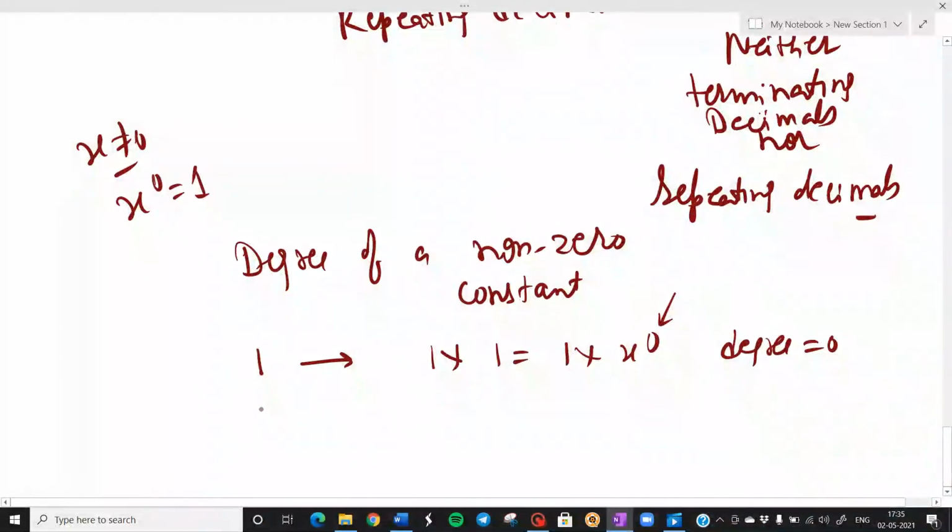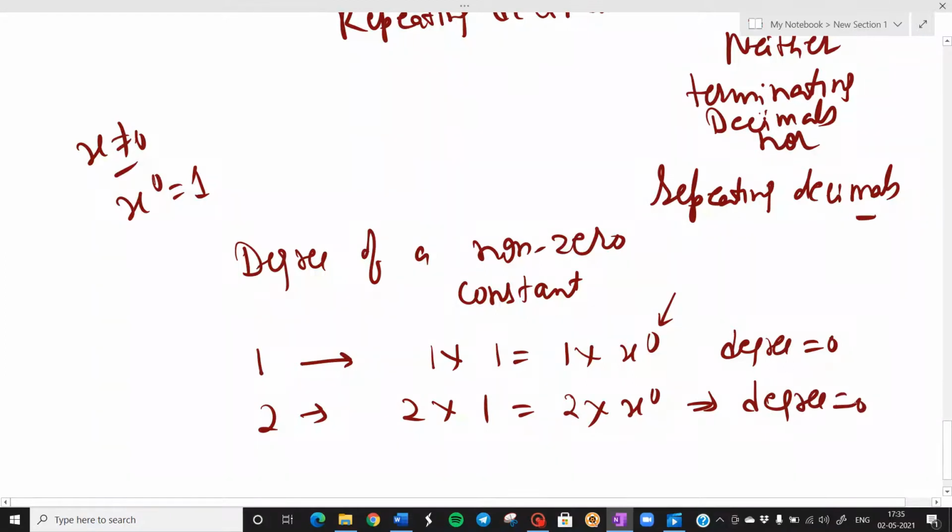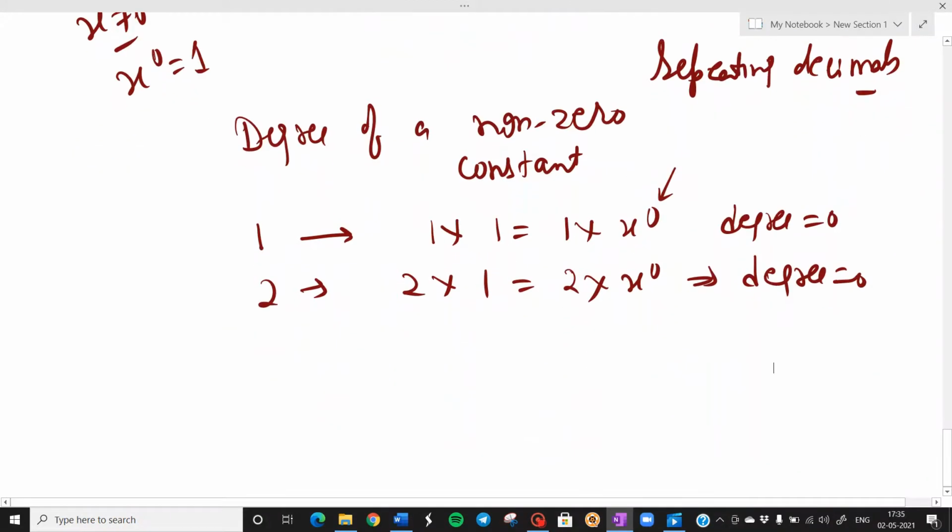I'm taking here 2. 2 can be written as 2 into 1, further written as 2 into x power 0. The degree is 0 because the highest power of the variable in the given expression is called the degree. I'm taking here 10. 10 can be written as 10 into 1, that is 10 into x power 0.